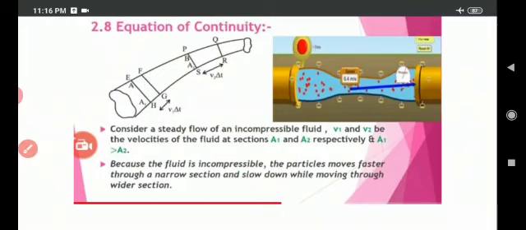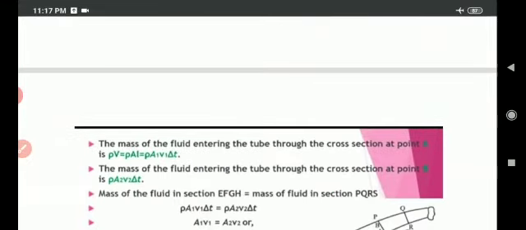Velocity of fluid flowing through section A1 is V1 and velocity of fluid flowing through section A2 is V2. Because the fluid is incompressible, particles move faster through the narrow section and slow down while moving through the wider section.